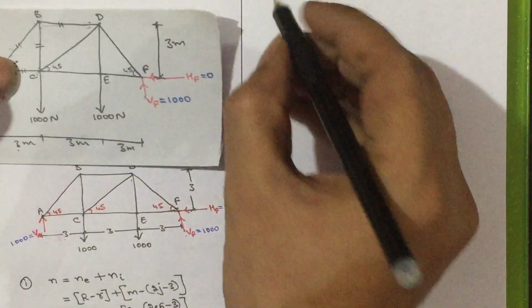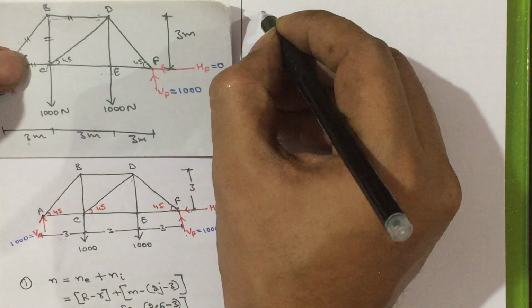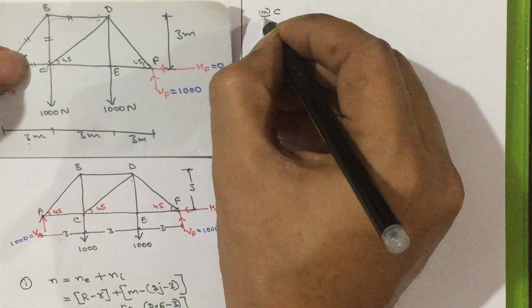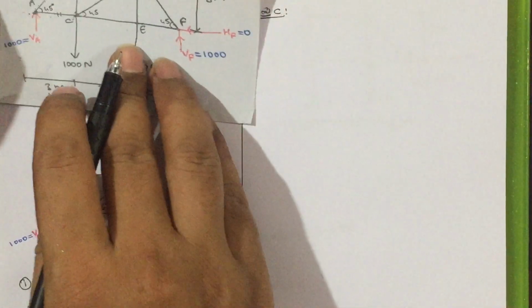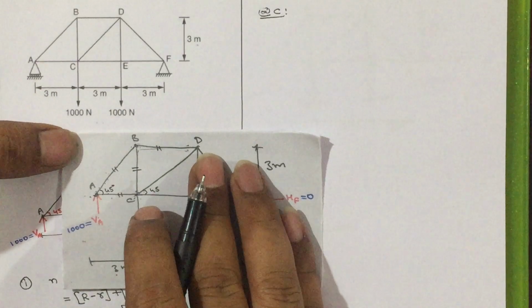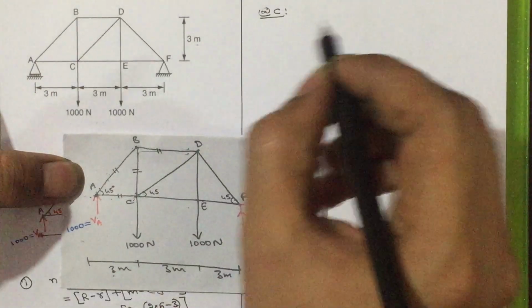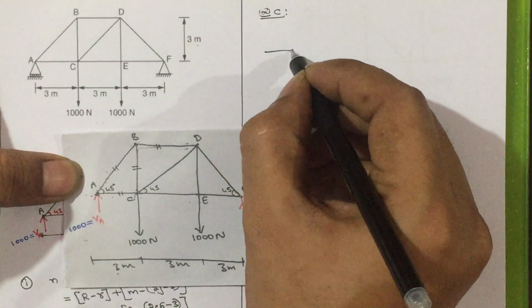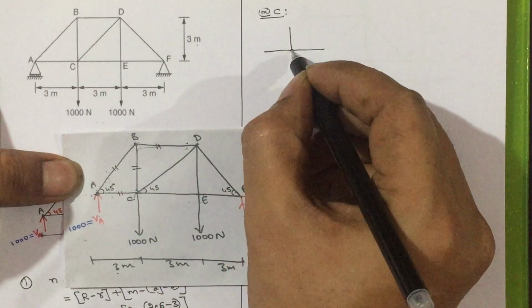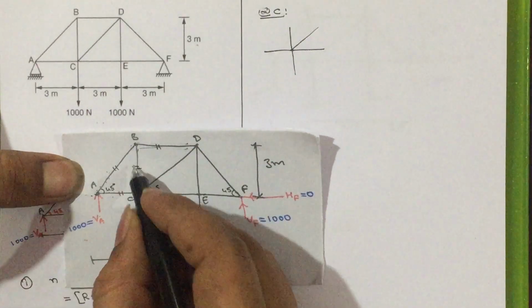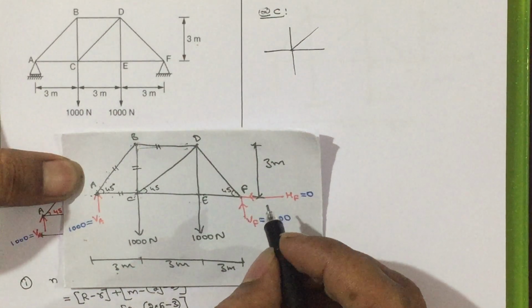So, the joint C, at C. Draw the free-body diagram at C. Draw the point, then the connected lines, then the direction.